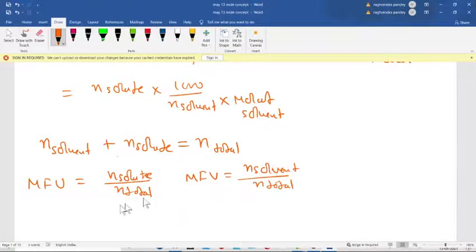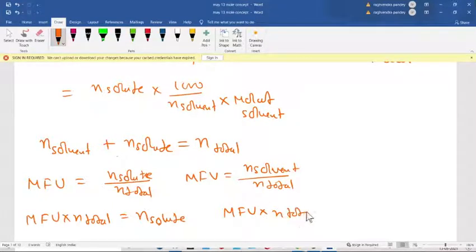So this we can write, and also we can write mole fraction of solute into n total is equal to number of moles of solute. Same here, mole fraction of solvent into total moles is equal to number of moles of solvent.